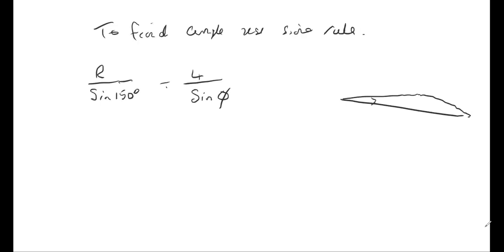We want that angle in there. All follow that? That's the angle from 0 of the result. So we've gone with this side, R, against that 150, equal to the length of this side, 4, over sine of that.